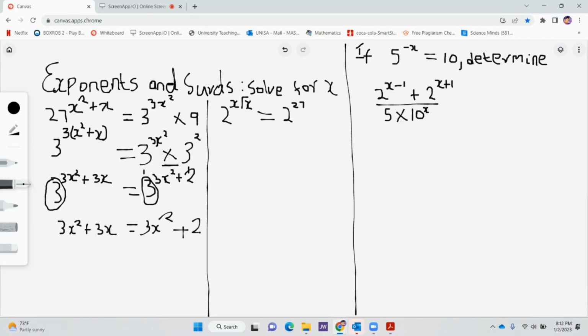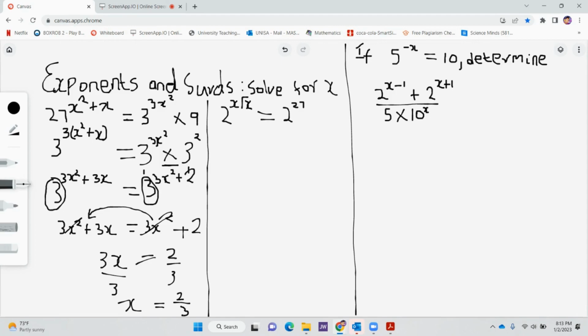All right. If we take this 3x squared to the left-hand side, it's going to be 3x squared minus 3x squared, which will be 0. Then we will be left with 3x equals 2, and then dividing both sides by 3 will then leave us with x being equal to 2 over 3.